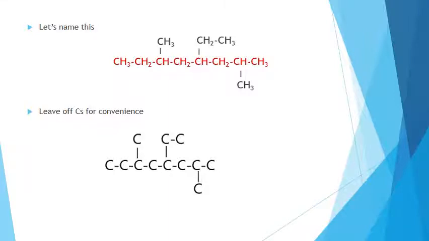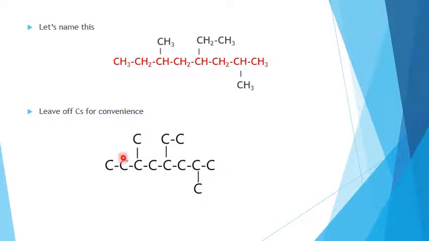All right, so let's do this guy here. You find the longest chain. What we're going to do is redraw it like this here. I'm going to get rid of the H's because I know each carbon has 4 bonds. So the only bonds I'm interested in are the carbon-carbon bonds. Any bond that any carbon is missing, it's a hydrogen.